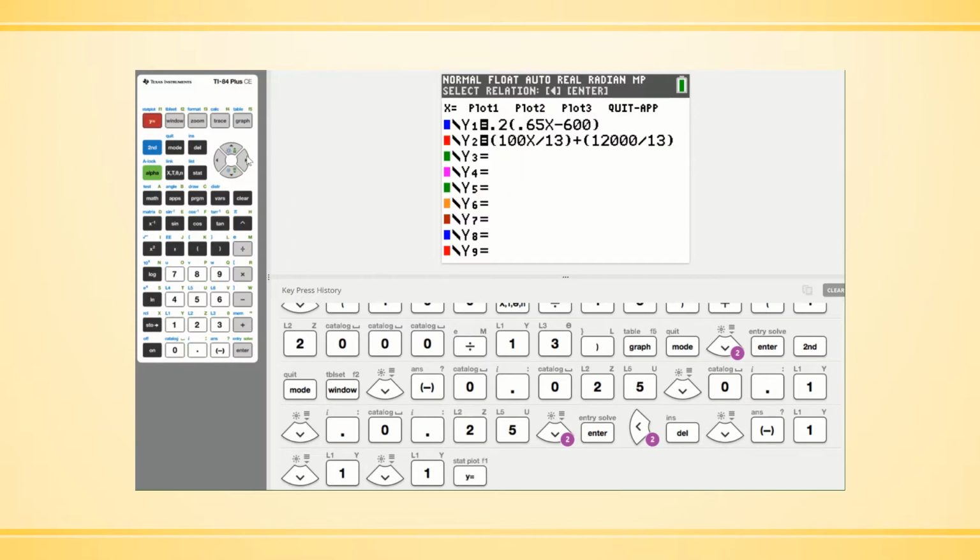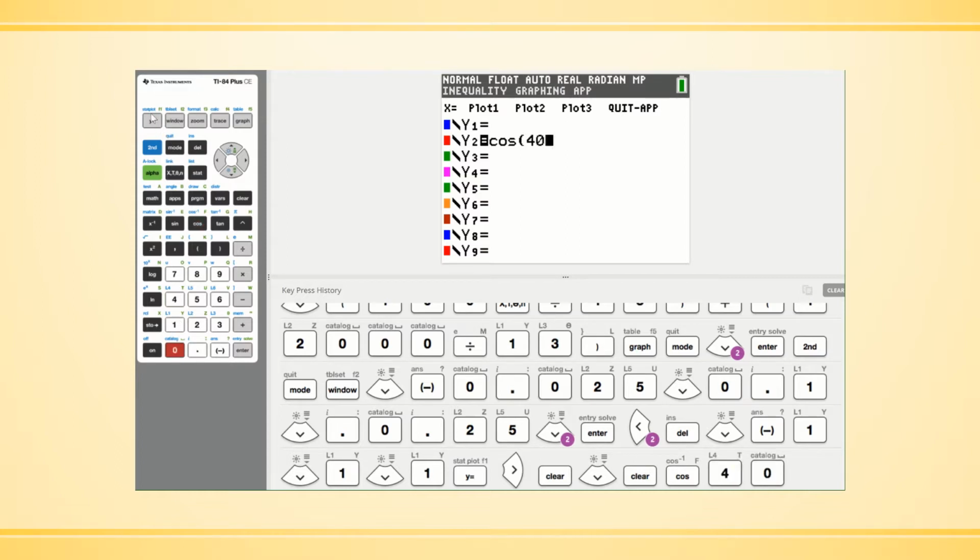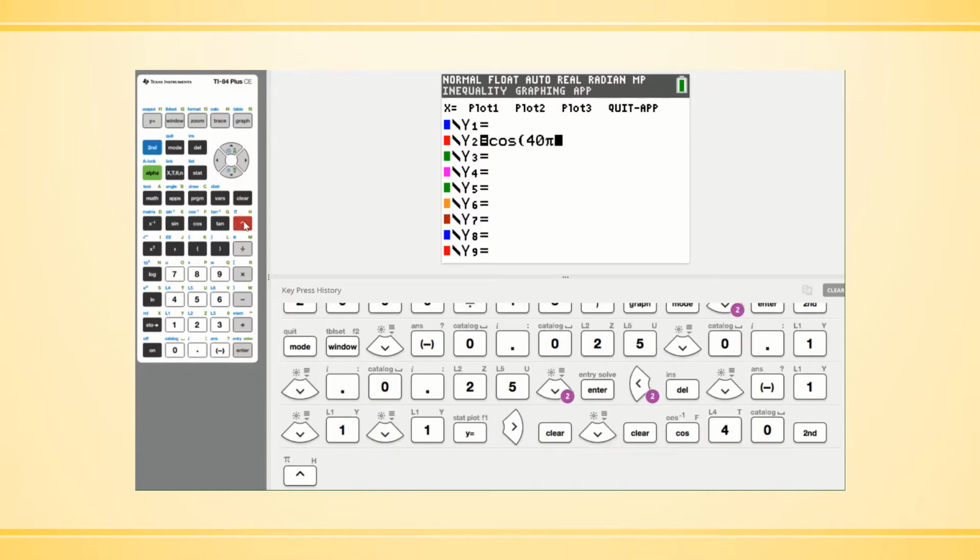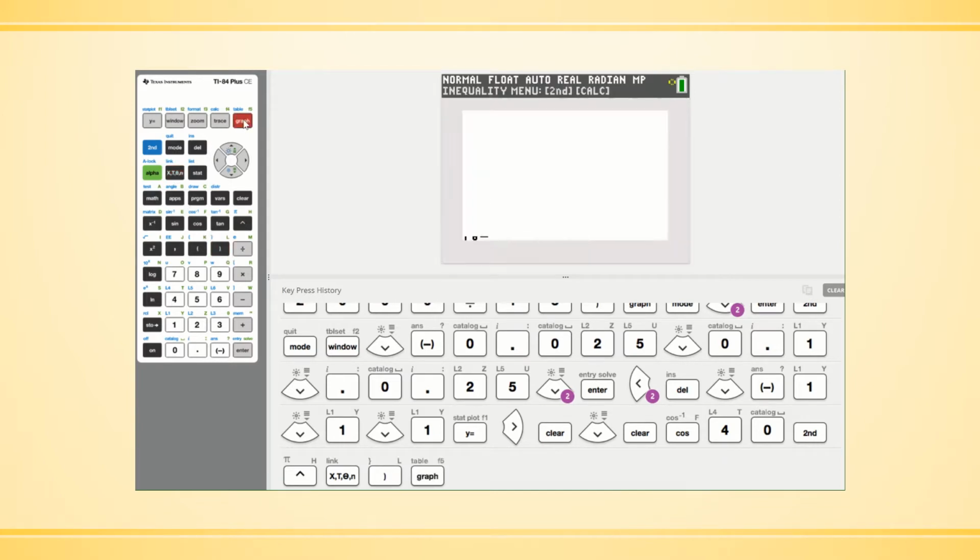So I've got to clear out what was there before. All right, so we've got the cosine of 40, and then pi, second caret for pi, and then x. Let's close our parentheses. Let's see what we look like here on the graph.